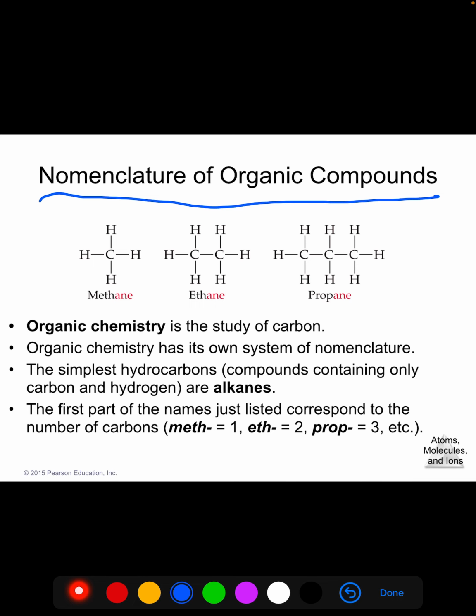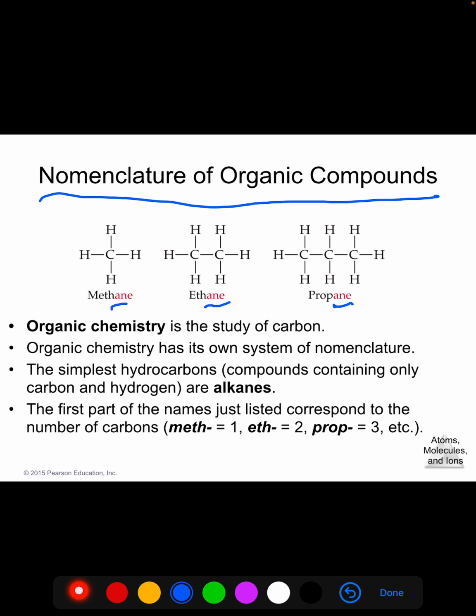Organic chemistry is a study of compounds containing carbon. And it has a unique system of nomenclature that there's no point in covering because it would take a lot to do. Again, you use the Greek prefaces, but the different endings mean many different things.